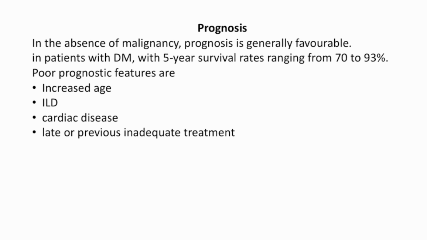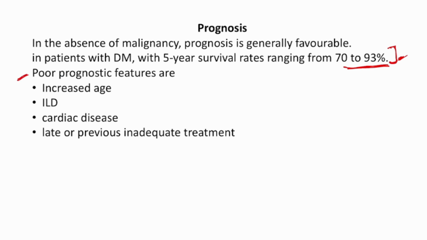Prognosis. What is the prognosis? See, if there is no associated illness, for example, if there is no ILD, no cardiomyopathy, or no risk of cancer, then the 5 year survival rate is very high. It is a good prognosis. The patient can survive for 5 years. 93% of them can survive.